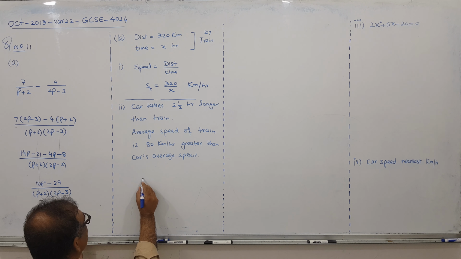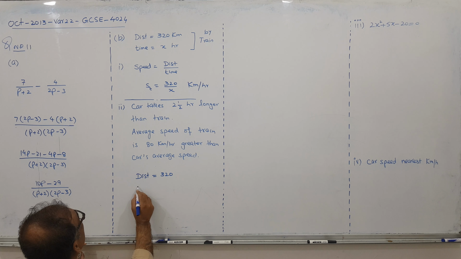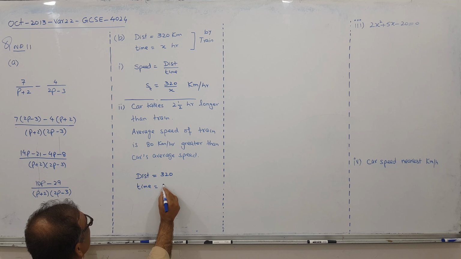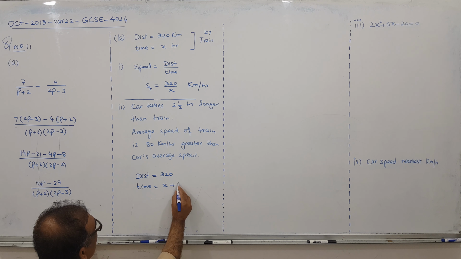So how to start the speed now? It means the distance is the same and the time is coming according to the question. First time was x hours, now x plus 2.5, and you know 2.5, 2 times 2 is 4 plus 1, 5 by 2.